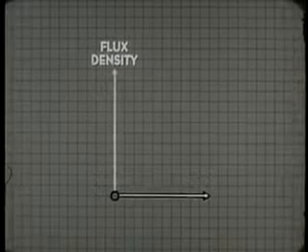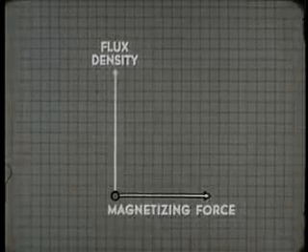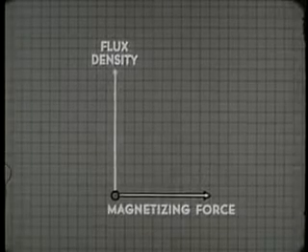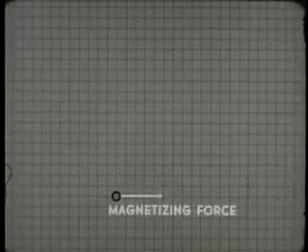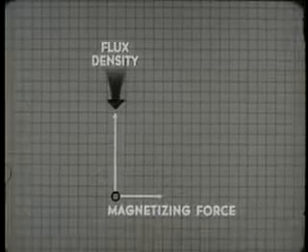The horizontal axis will represent the magnetizing force of the winding. Remember that the magnetizing force is the cause and the flux density is the effect. Initially, a relatively small amount of magnetizing force produces a relatively high flux density.